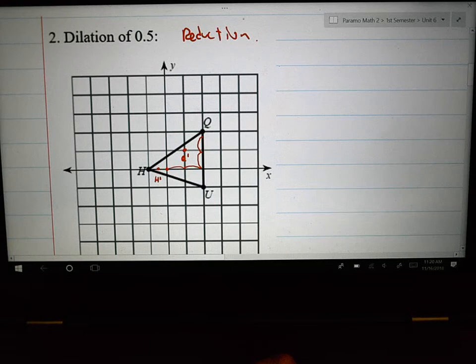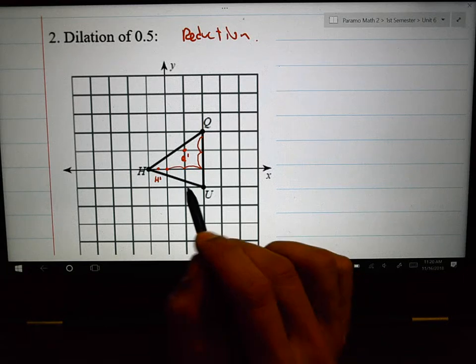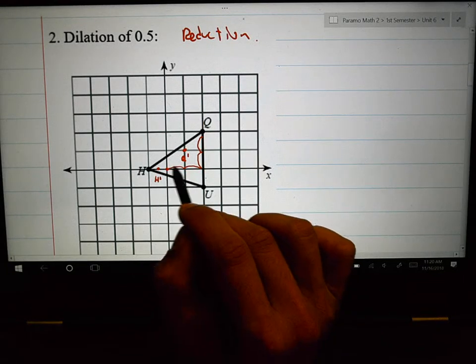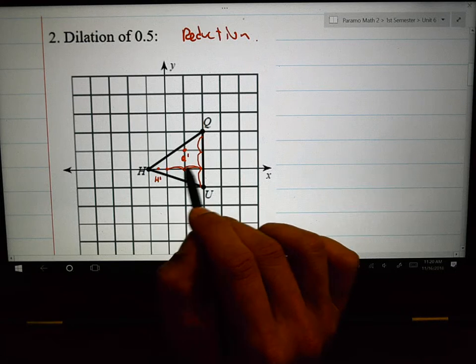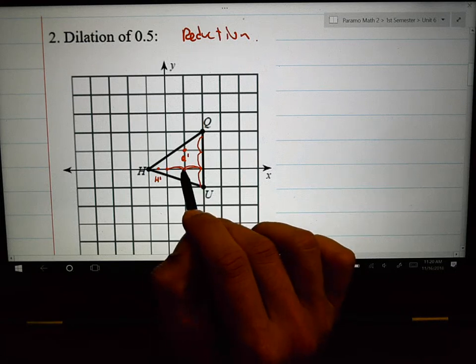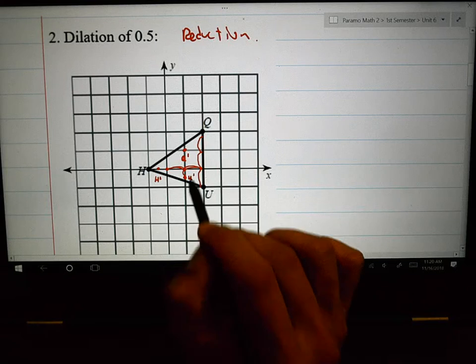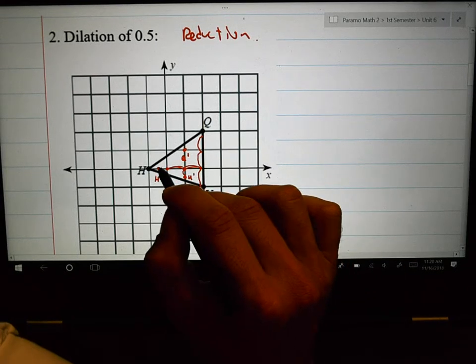You're going to have to multiply these distances in your head and either do mental math or use a calculator. Same thing with the U. I go to the right 2, down 1. Half of that would be to the right 1, down a half. Where is that? That's U prime right there. And then you connect your dots.